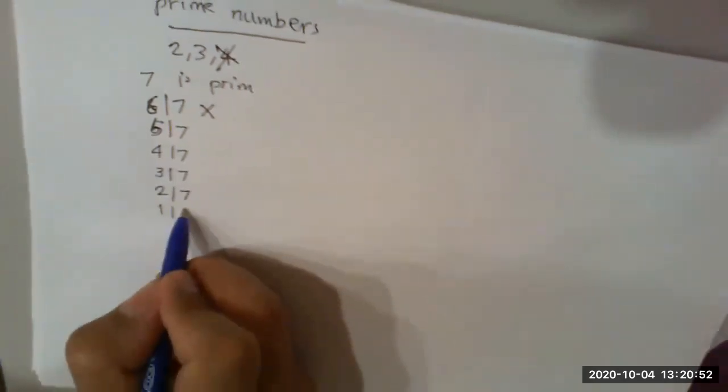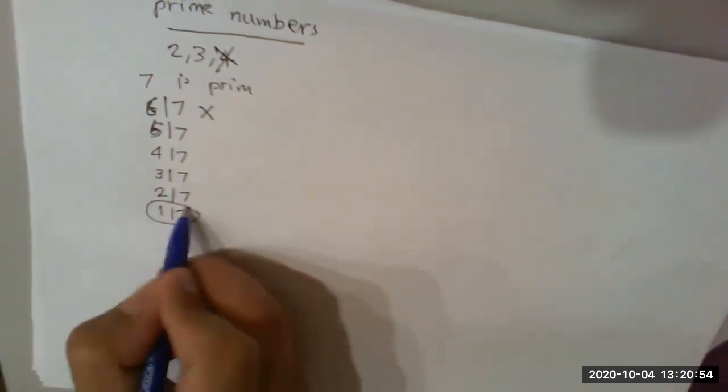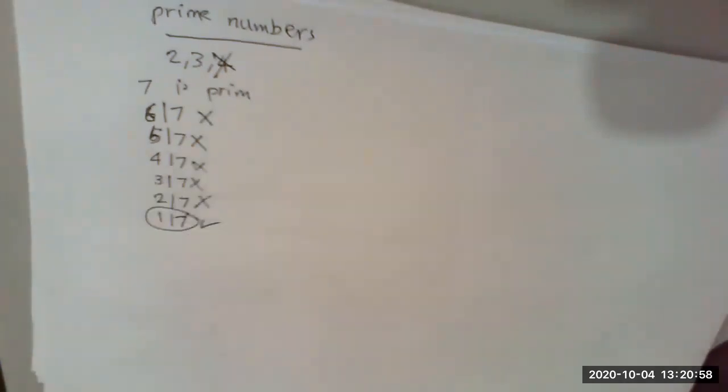Only 1 is dividing 7. This is correct, but for the others it is not correct. This is a prime number.